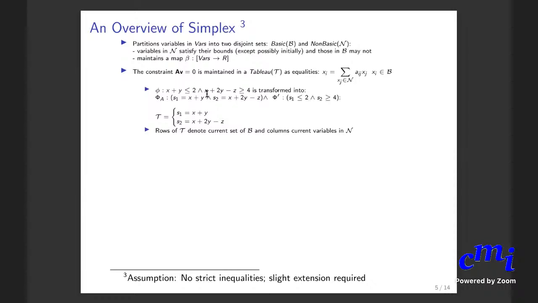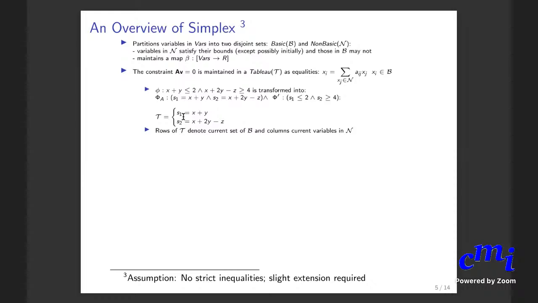In this case, there were no constraints on the program variables at all. So the tableau would just have two rows, which is a matrix, one for each of the newly introduced variables, S1 and S2, which equates it to the two terms in the original formula.